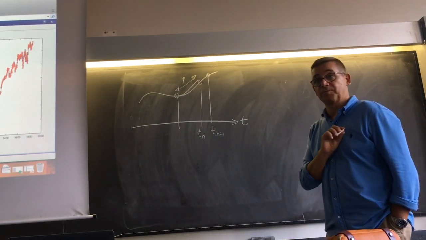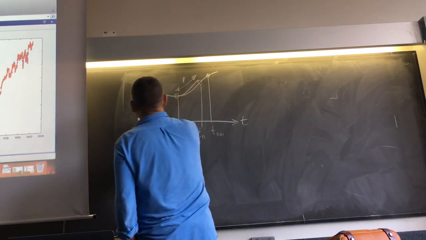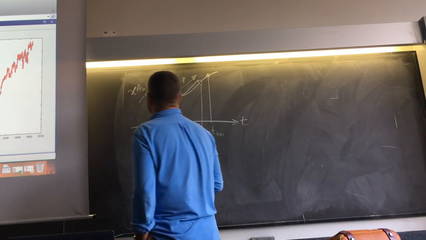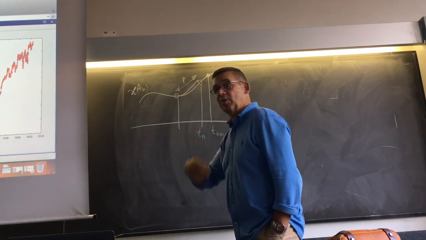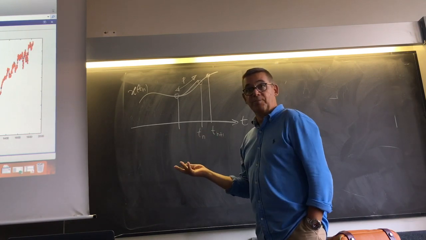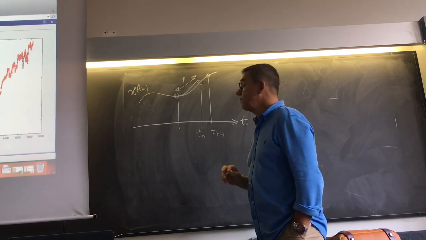This is what we want to do. We have these samples, which are xt1, xt2, xt3, where t is the absolute time and n is the index.